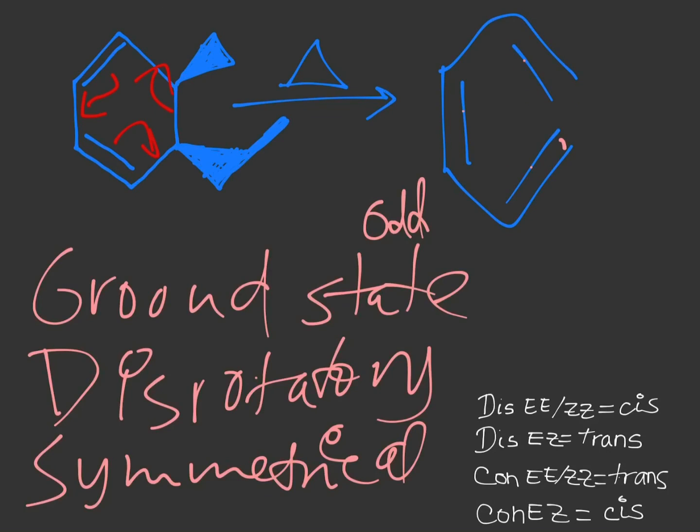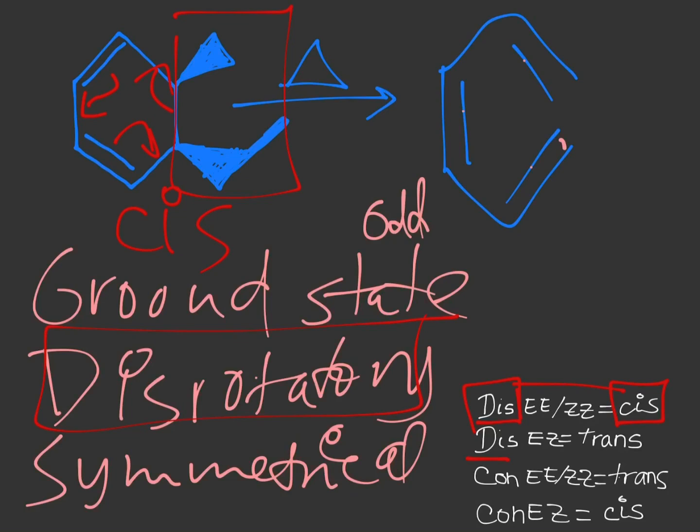Now, we really do not have anywhere to see if we have an EE, a ZZ, or EZ in the variables that we are given. But what we can do is to look here. We know that we have a cis, and we know that the movement is disrotatory. So we look at our table and we said we have disrotatory, and here we have a cis.